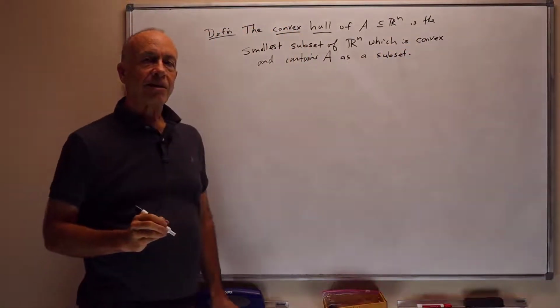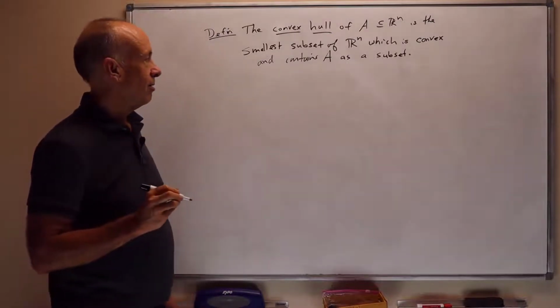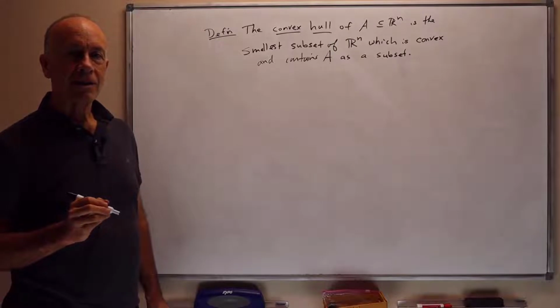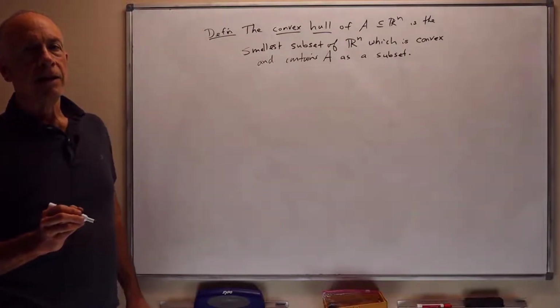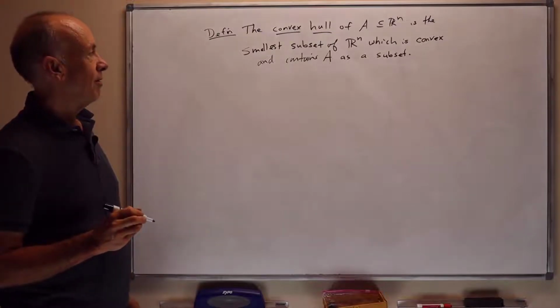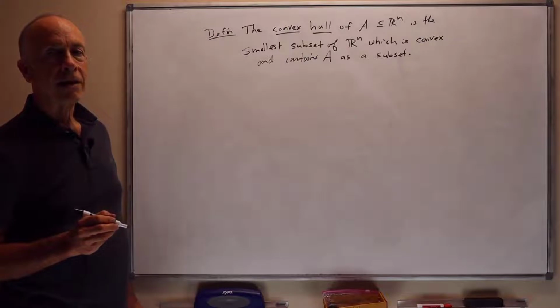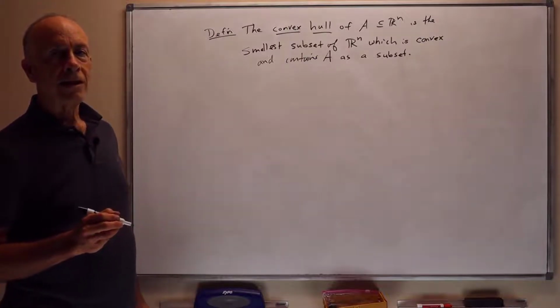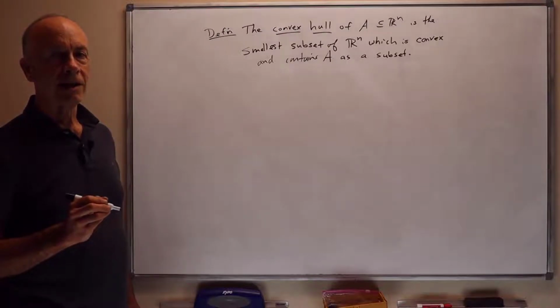You might ask, does every set have a convex hull? And the answer is yes, every set does have a convex hull. The proof of this, which I will just say very briefly, is you may have seen this kind of proof before in an algebra class. We know there are some convex sets containing A. For instance, the whole space Rn is convex. And it's also not hard to see that the intersection of arbitrarily many convex sets is convex.